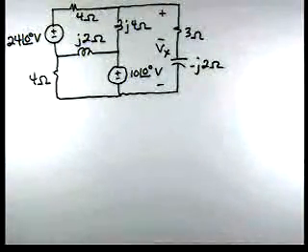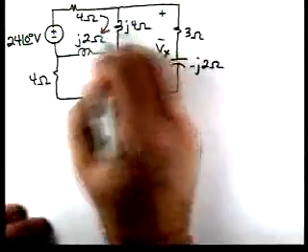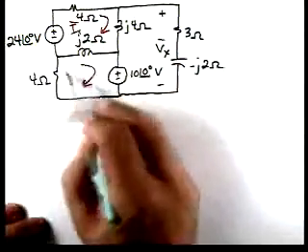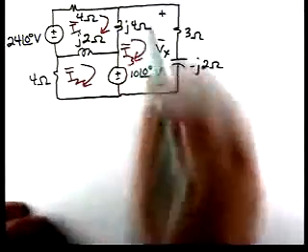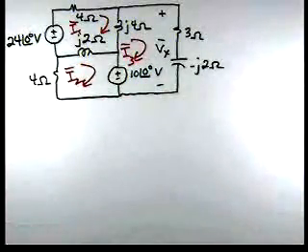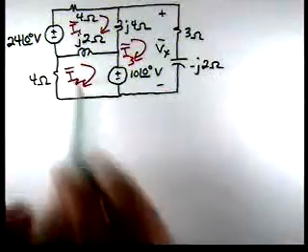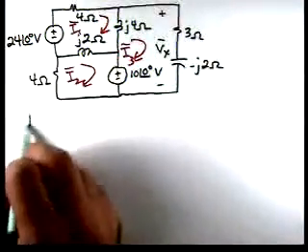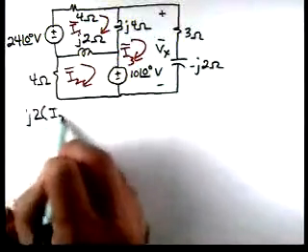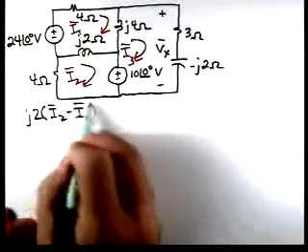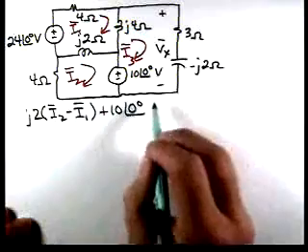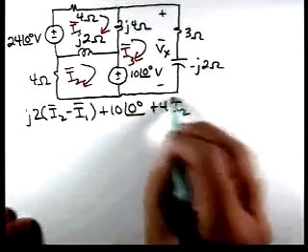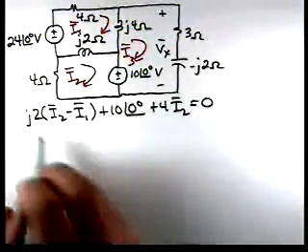Now let's go in and apply KVL to the other two meshes. And again, we'll just label I1, I2, and I3. Okay, so for the second mesh, we have j2 times (I2 minus I1) plus 10 at angle of 0 plus 4I2 equal to 0.